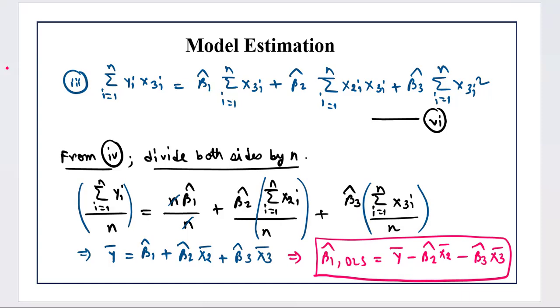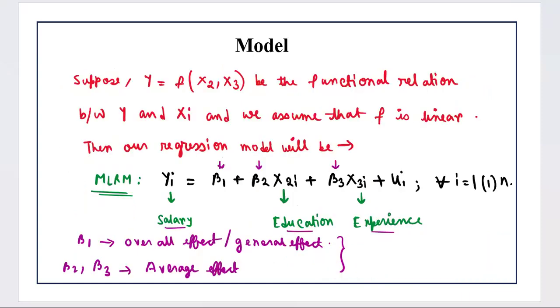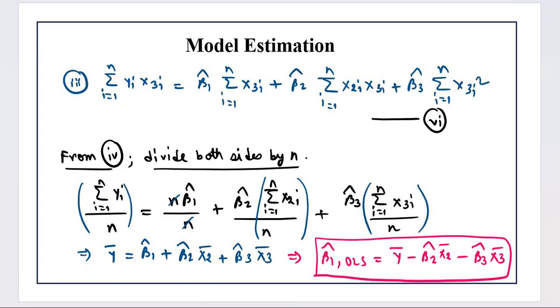Beta 1 cap, if you go by the model, see, this was the model. So beta 1 cap was the intercept coefficient, what we call the overall effect or the general effect. And this will be the OLS estimated value of this intercept parameter, beta 1 cap, where beta 2 cap we have to estimate, we will come to that. This is beta 2 cap OLS and this is beta 3 cap OLS, right?